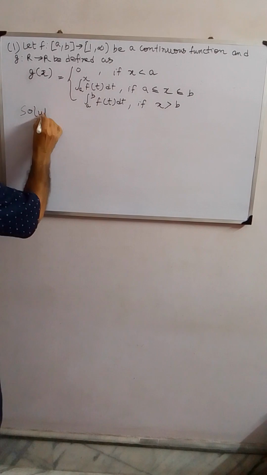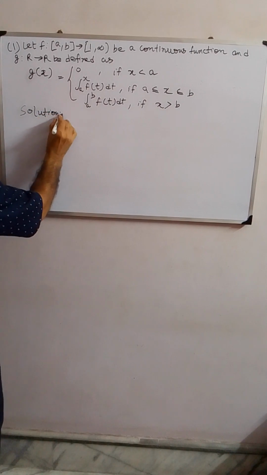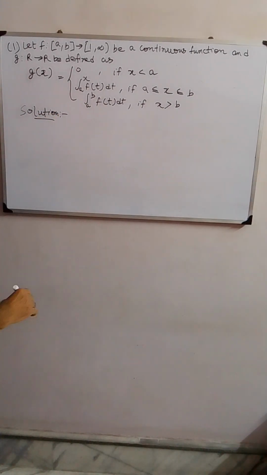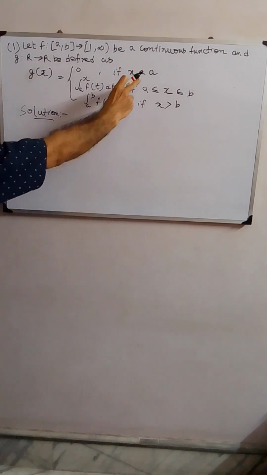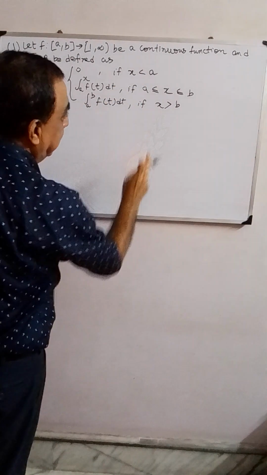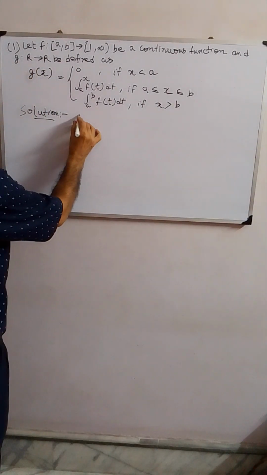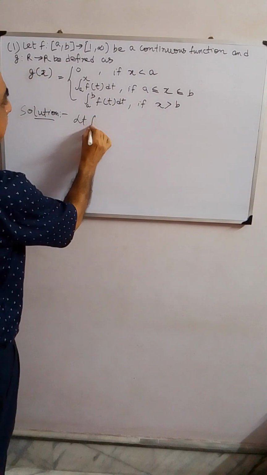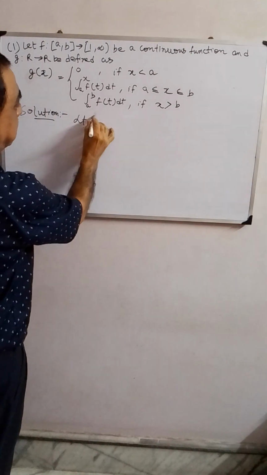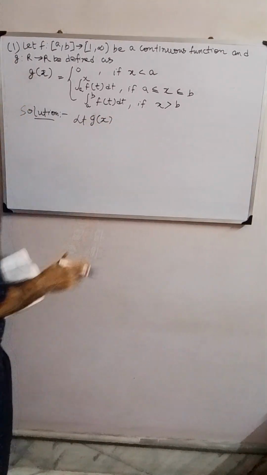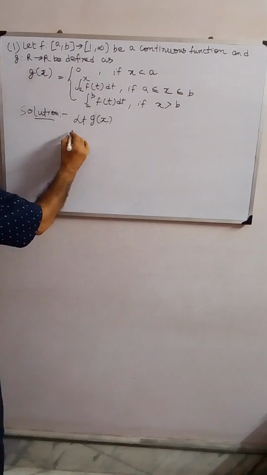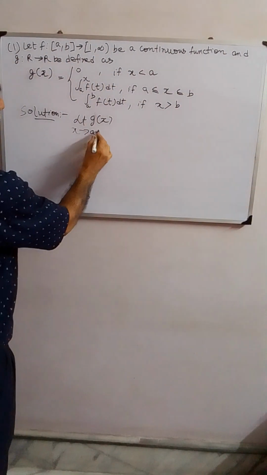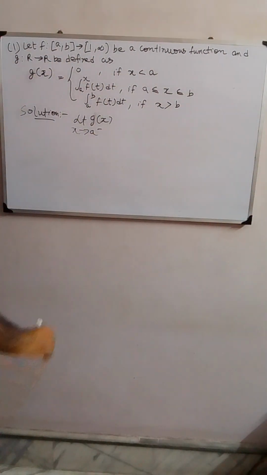So first I am checking the continuity of g(x) at the points x equals a and x equals b. The limit of g(x) when x tends to a minus, that means the value of x is less than a.